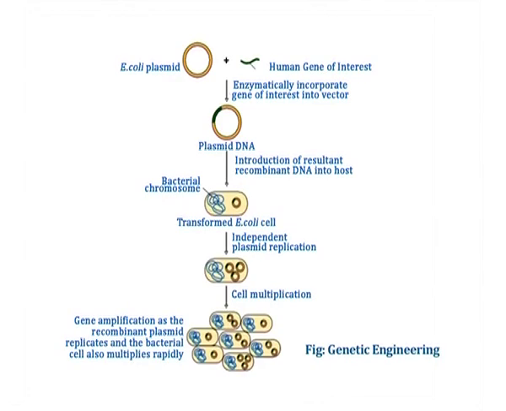That is, incorporation of the gene of interest into small self-replicating chromosomes called vectors, forming a recombinant DNA molecule, for example, insertion of a human gene into an E. coli plasmid, and introduction of the resultant recombinant DNA molecule into an appropriate host, for example, a bacterium, for amplification of the gene of interest.